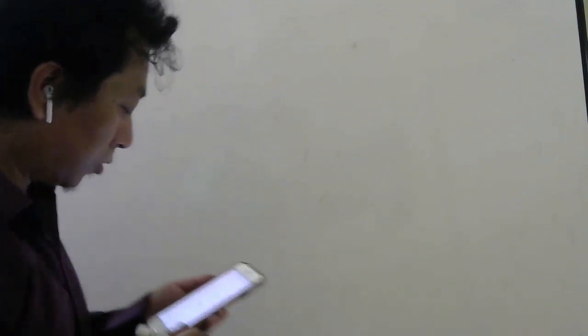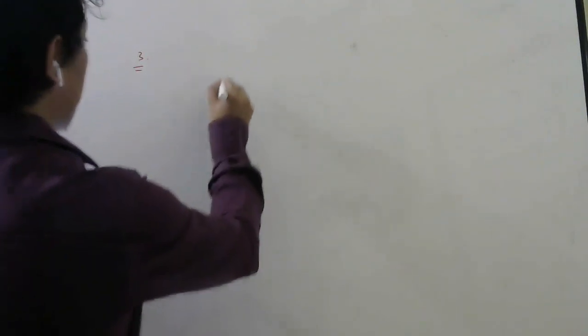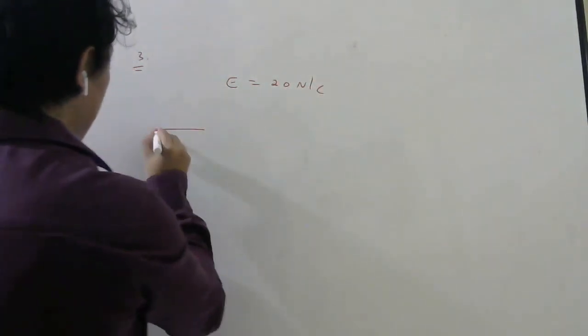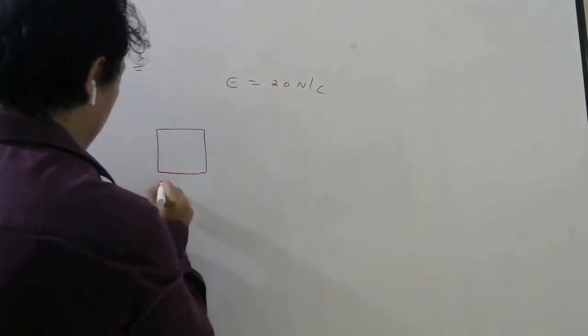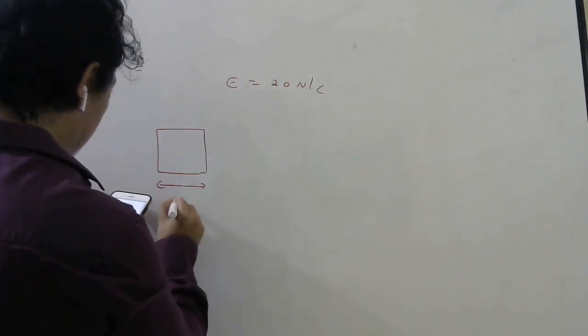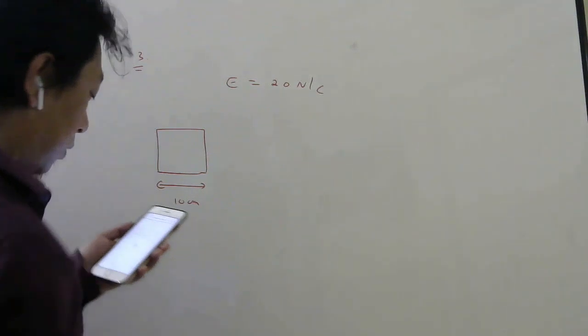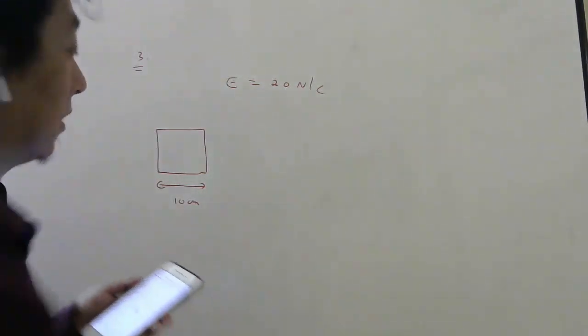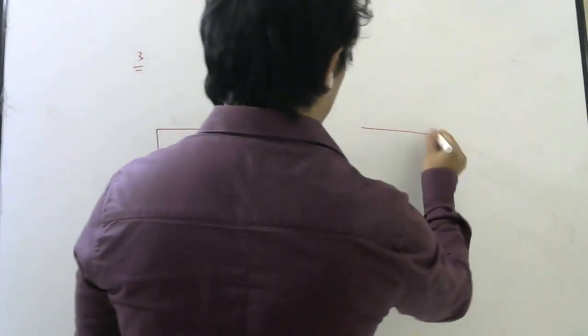So let us now see question number 3. A square sheet of side 10 cm is placed in a uniform electric field 20 Newton per coulomb. So electric field is 20 Newton per coulomb. There is a square sheet and the side of the sheet is given 10 cm, with its normal making an angle of 60 degree with the field. So if this is the electric field, it is uniform because it is given as a number, no?